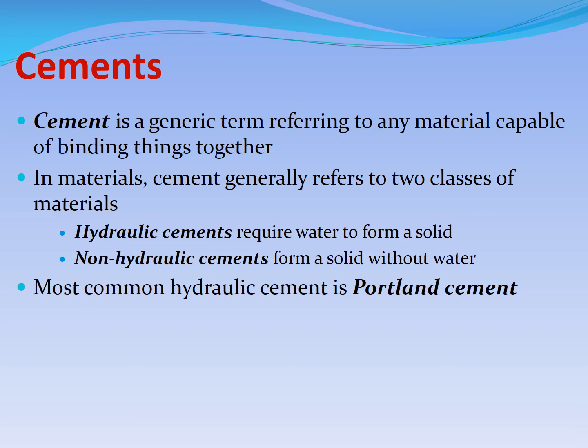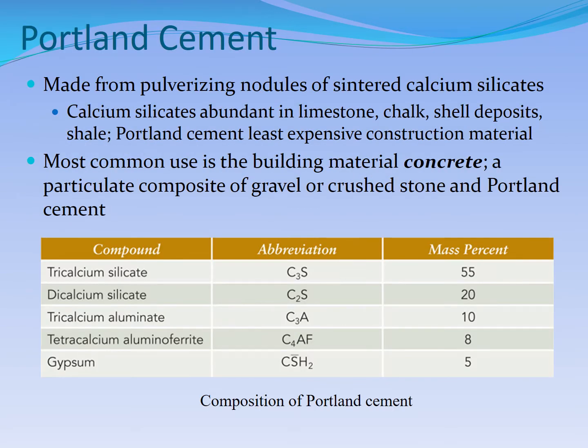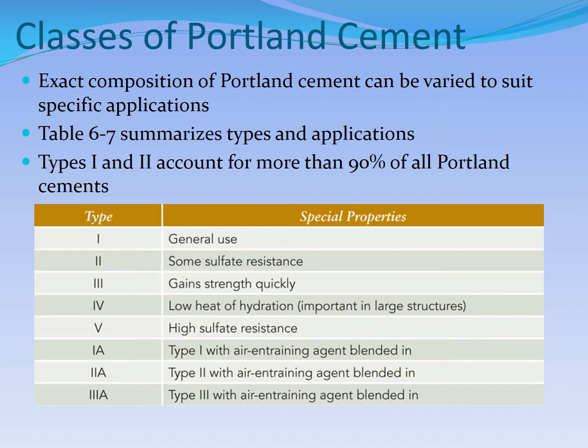So hydraulic, non-hydraulic. And then what is the Portland cement? What are the components? Tricalcium silicate, dicalcium silicate, and so on. This Portland cement is the type of cement which is used in most of concrete. Classes of Portland cement: type 1, 2, 3, 4, general use, special qualities, and so on.